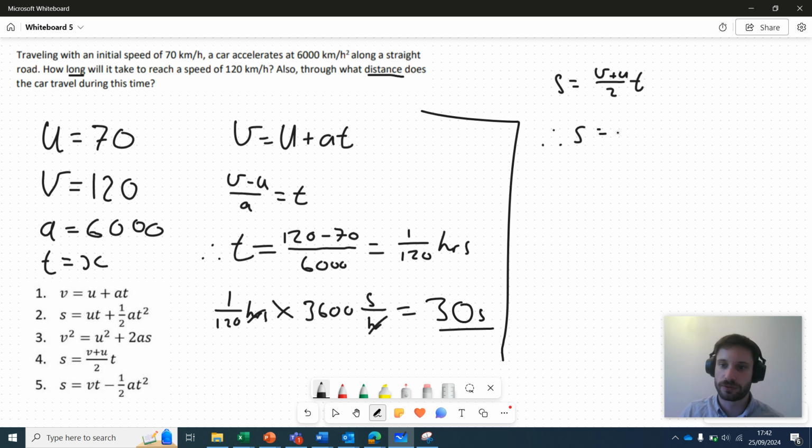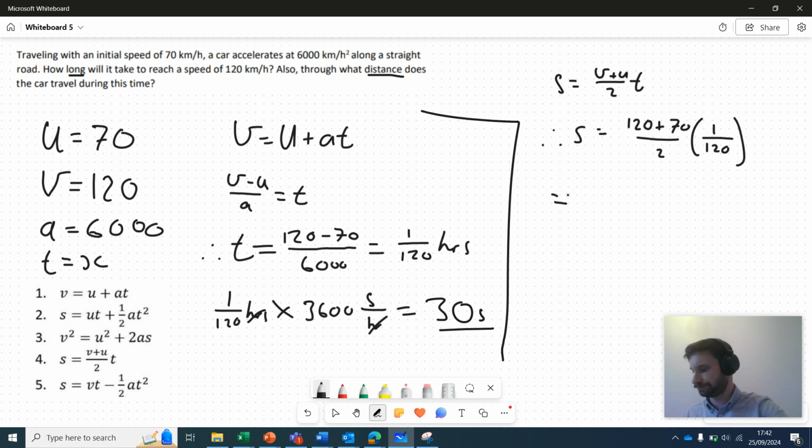Therefore, s equals 120 plus 70 all over 2, times 1 over 120, since that's the time in hours. And that gives us 0.792 kilometers. I could also just describe that as 792 meters.